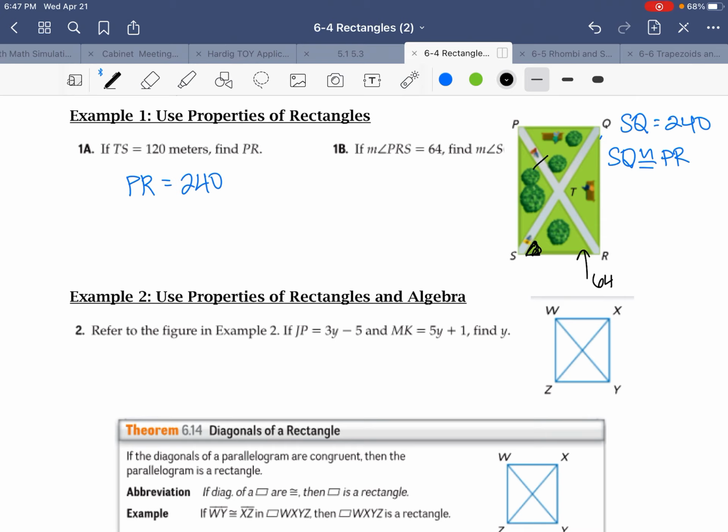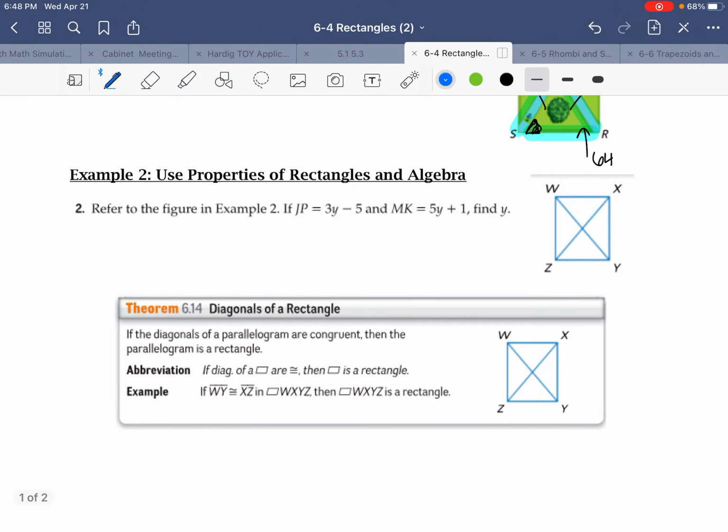So PT must be congruent to TR, and then QT must also be congruent to TS. Well, that makes this triangle right here an isosceles triangle. And we know that the base angles, which are the angles on the bottom across from the two congruent sides, are congruent in isosceles triangles. So the measure of angle S will also equal 64 degrees.